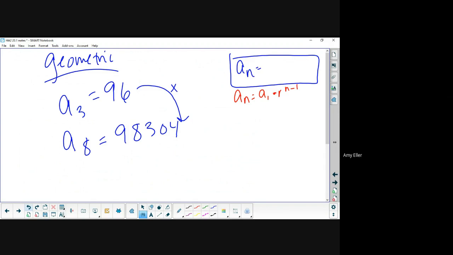I don't know, so I'm going to divide. 98304 divided by 96 is 1024. I can recheck it: 96 times 1024 gets me to this bottom number. That's how much got multiplied.